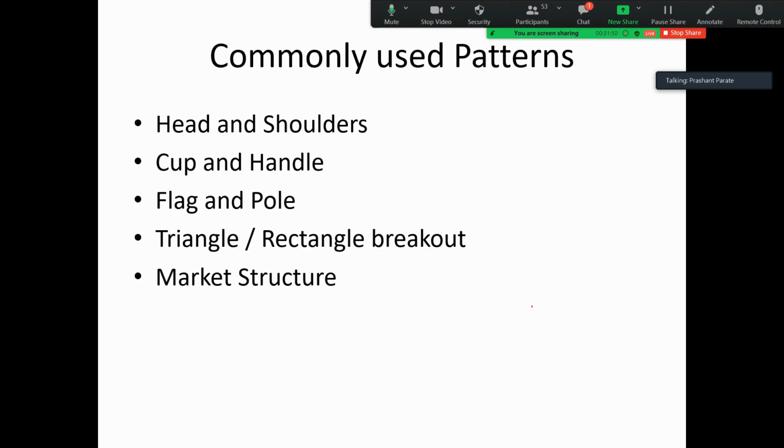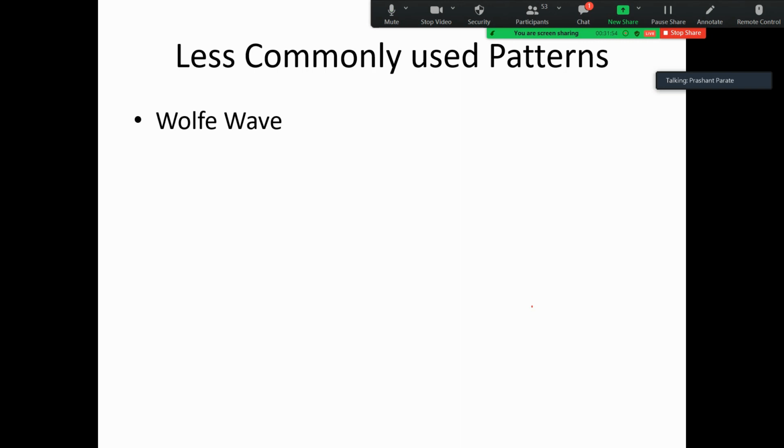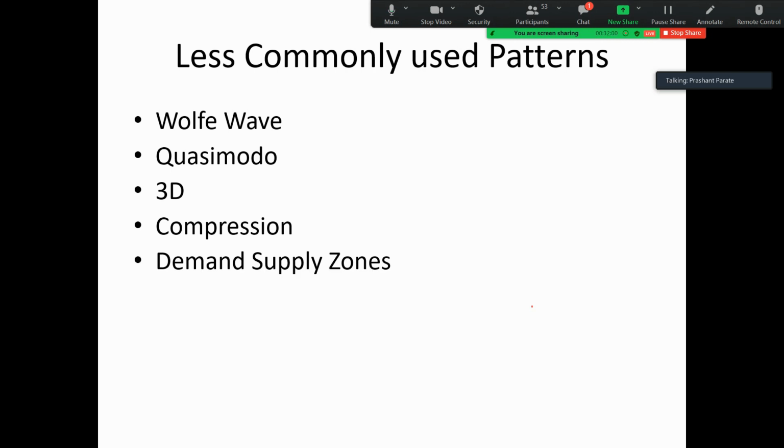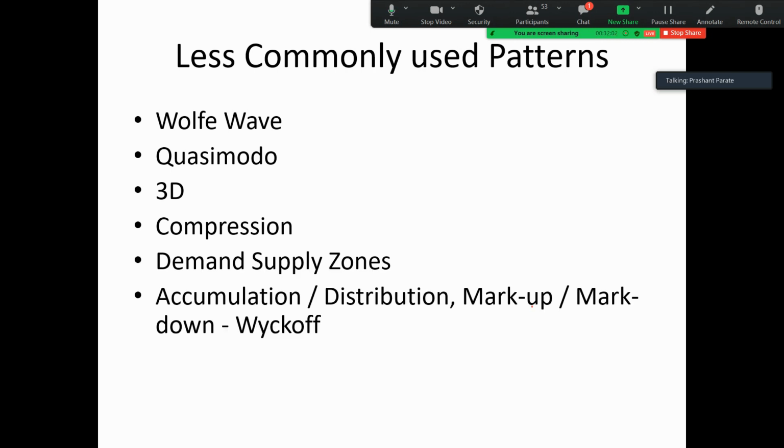Market structures. Then there are less commonly used patterns. The previous patterns are very commonly used by many traders, and less commonly used patterns are the wolf wave pattern, Quasimodo, 3D, compression, demand supply zones, accumulation distribution, markup markdown by Wyckoff, volume contraction pattern, and the volatility contraction pattern of Mark Minervini.